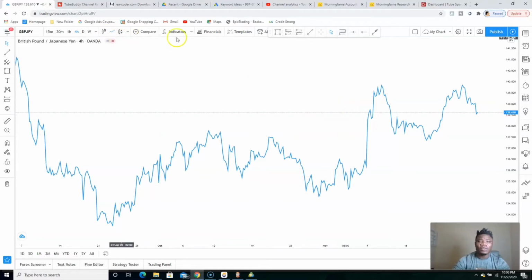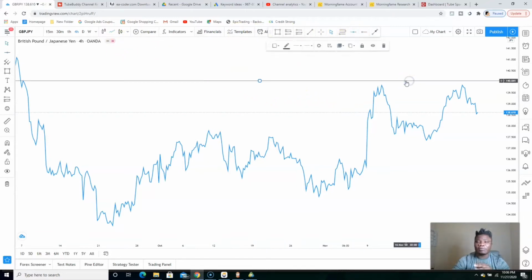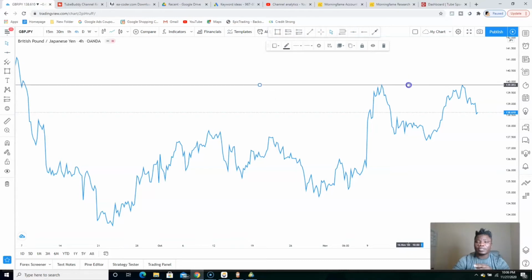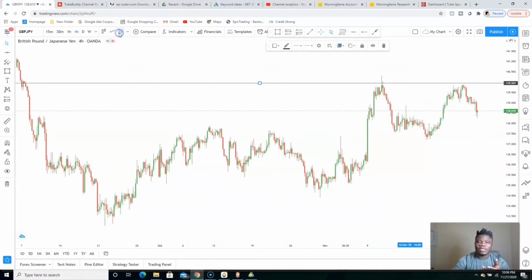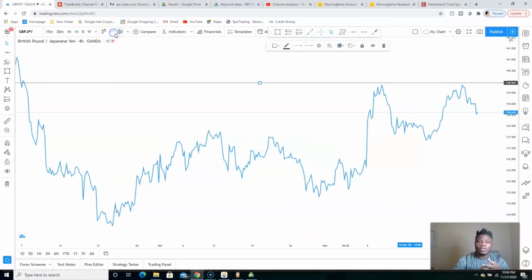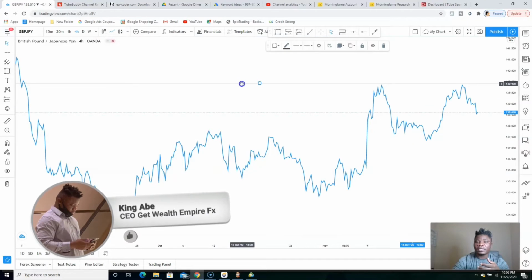So we're going to start off with our resistance. And as we can see, we absolutely have a resistance here. And as you're doing it, you can always switch back to your regular candlestick if you want to make any adjustments.